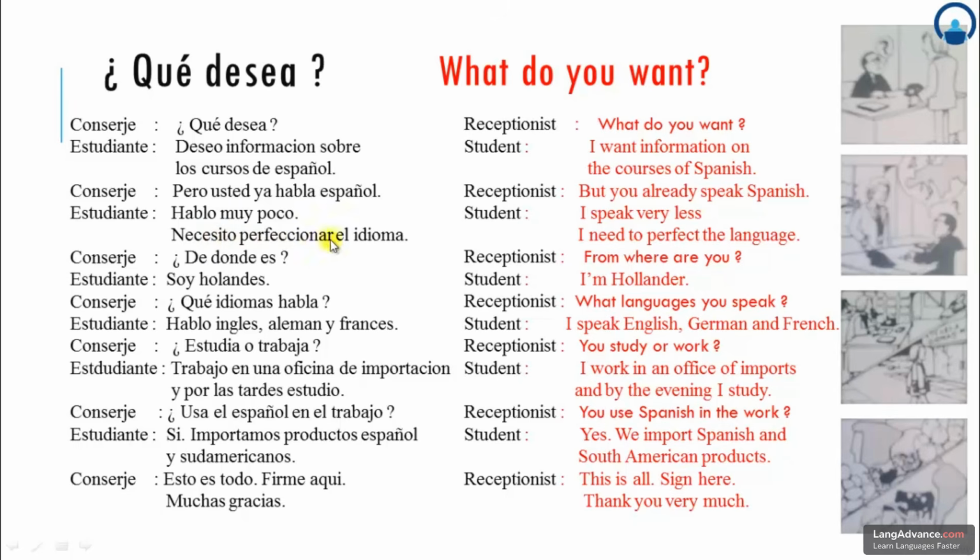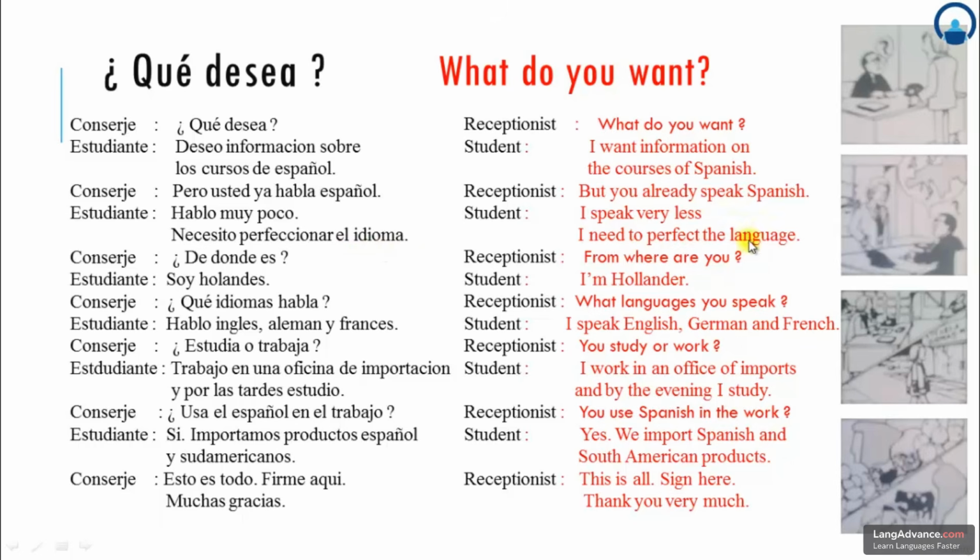This is because of the rule that if there are two consecutive AR verbs, the first one is conjugated as per the subject pronoun, and the second one is left in its original form. So necesitar is conjugated to necesito, that means I need, and the next consecutive AR verb, perfeccionar, is left as it is. So it becomes necesito perfeccionar el idioma, that means I need to perfect the language.